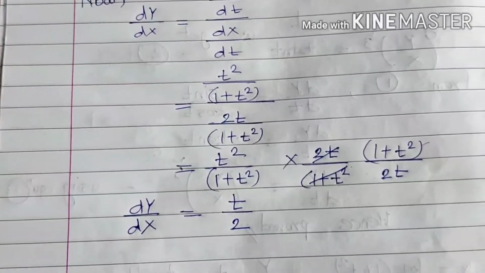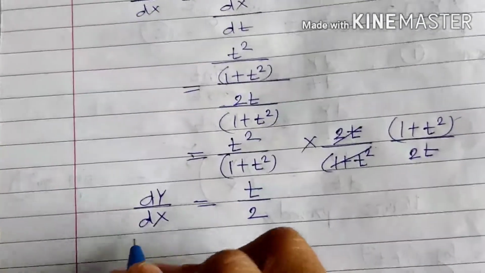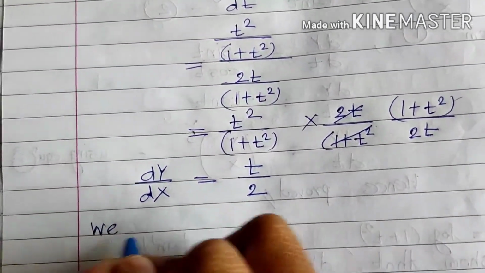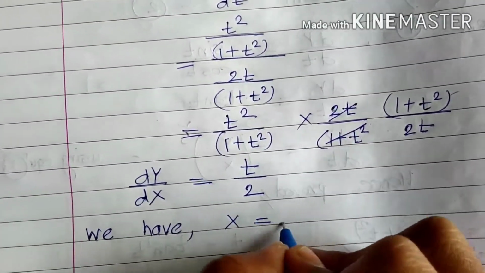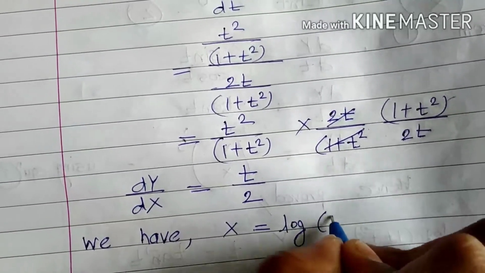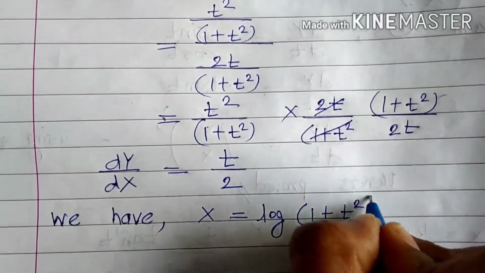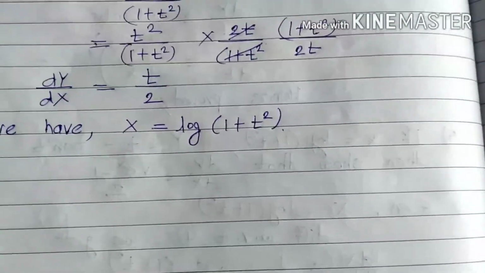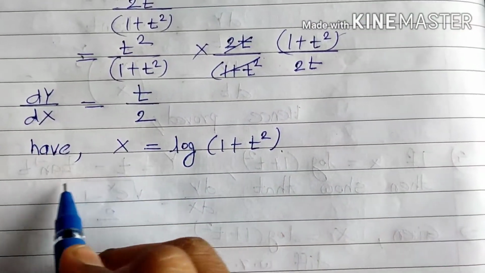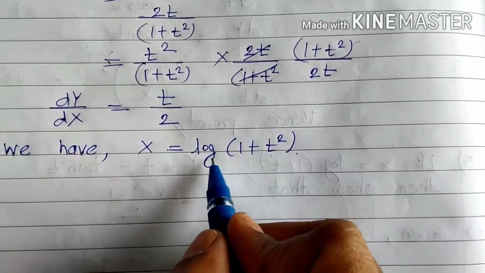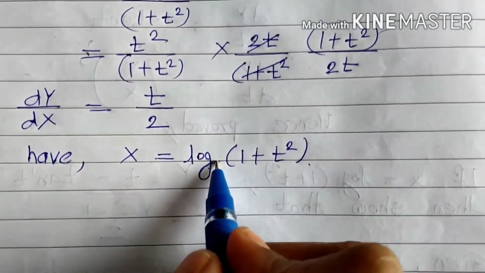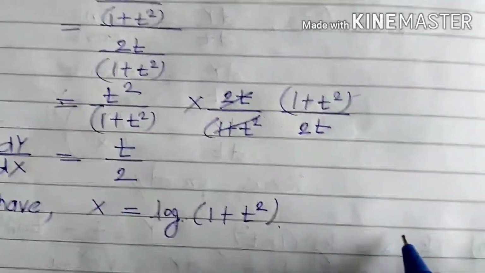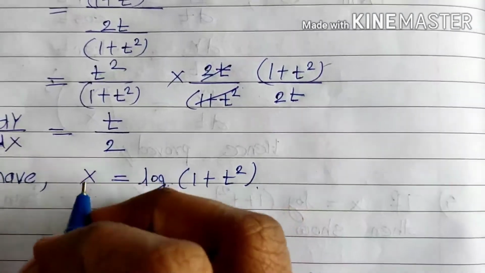So from the given equation, what we have? x is equal to log of 1 plus t square. Now always remember that its base is e. So by using this formula we can solve it.